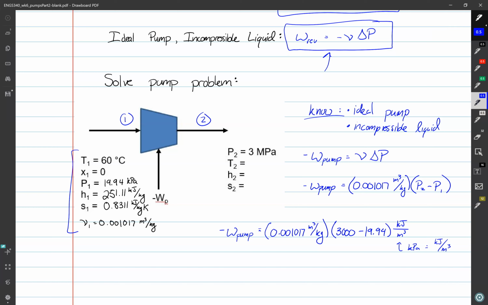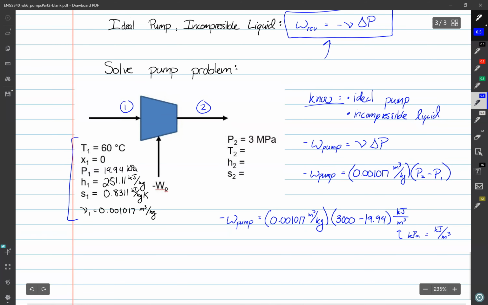A kilopascal is a kilojoule per meter cubed. That's just a standard unit conversion. We can plug in these numbers. The meters cubed will cancel out, our units will work out well, and we'll get 0.001017 times the quantity 3000 minus 19.94. When we do that, our pump work is 3.03 kilojoules per kilogram.